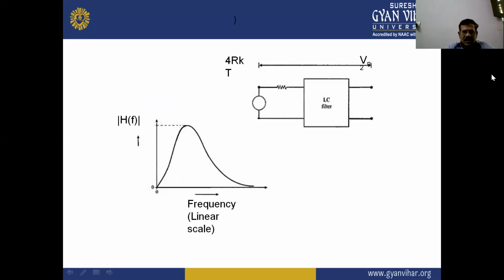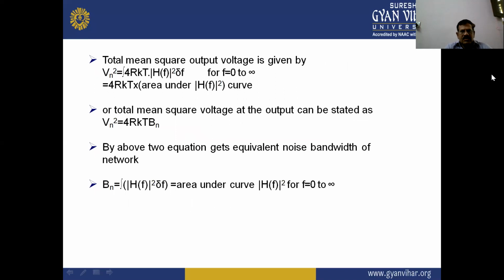Here is the transfer versus frequency graph in this diagram. And the total mean square output voltage is given by Vn square equal to the integration of 4kTR H(f) square delta f for f equal to 0 to infinity.